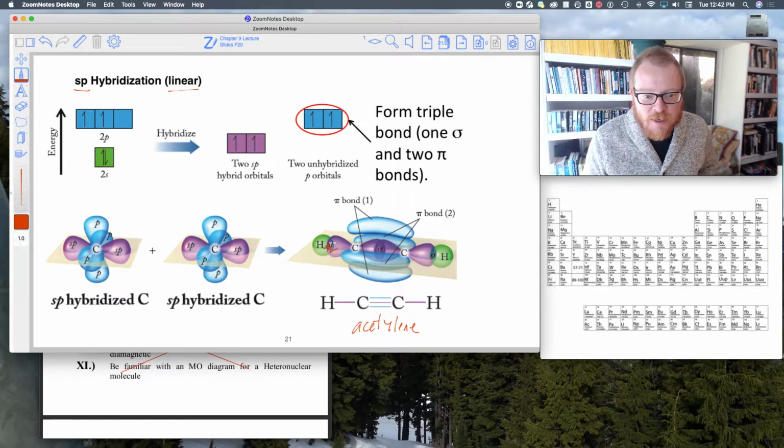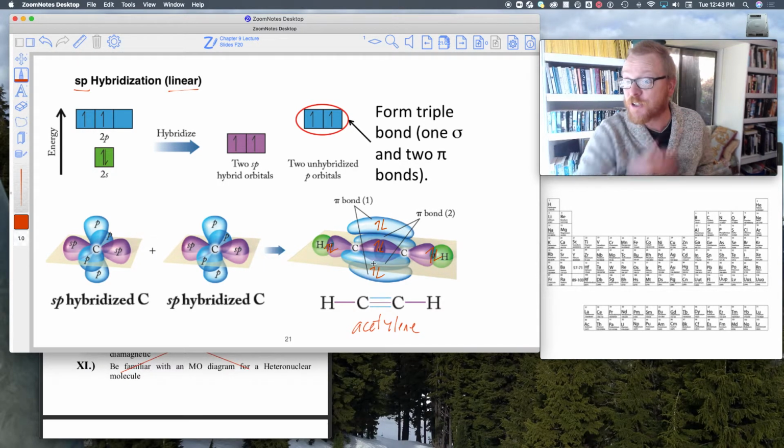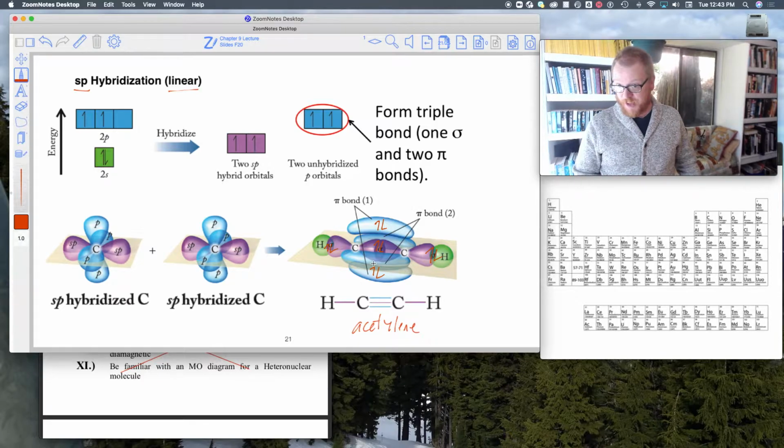Here is a sigma bond from carbon to hydrogen. Here's a sigma bond from carbon to hydrogen. Here's another sigma bond from carbon to carbon. And now I'll have 1 pi bond that's above and 1 pi bond that's 90 degrees relative to the other one.